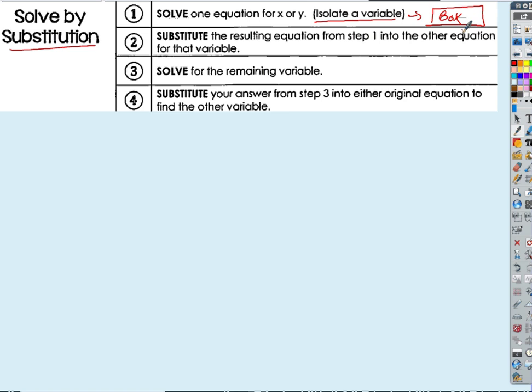Once we isolate a variable, what do we do? Substitute into the other equation, and we're going to solve for the variable that gives us. And then always at the end, once we solve for one of the variables, we're going to go back and plug that in to find the other variable. Well, where do we go to plug it in? Just go to the box. Right? So let's try this.